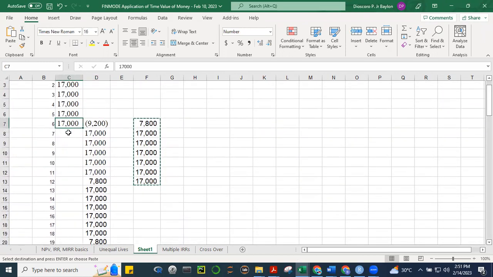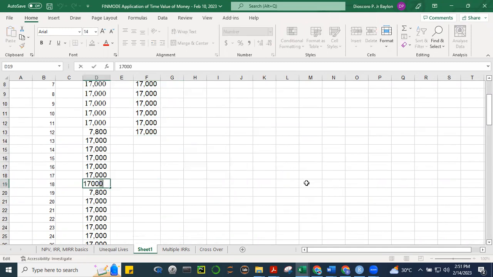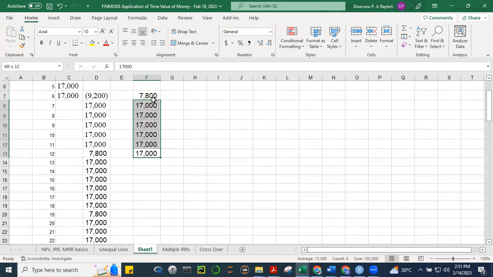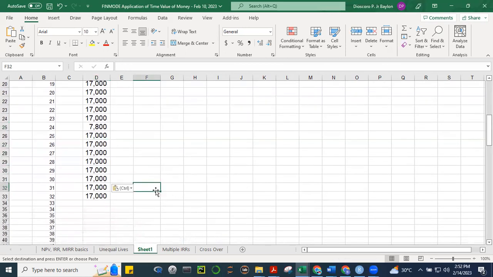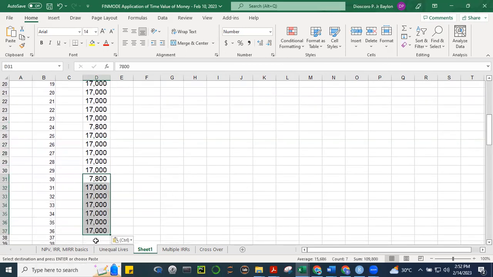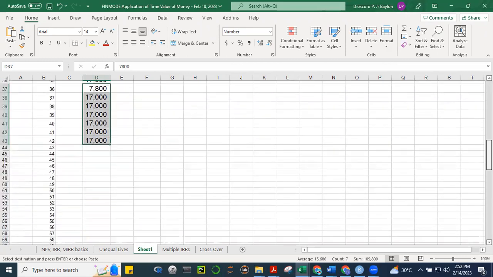Upon reaching 6, so, that's 12, and then 18, this is wrong. Upon reaching 18, Control D. Control C. It should be here. 18. Upon reaching 24, here again. Upon reaching 30, there. Upon reaching 36, the same. Okay? So the cash flow becomes like this, and then it should be 120.